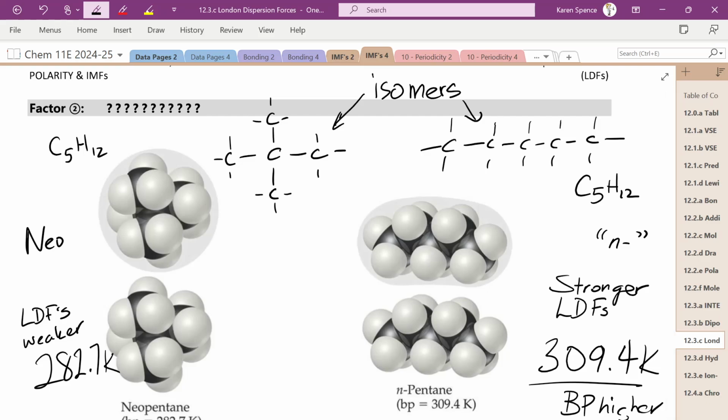Intermolecular forces, yep. Okay, so the LDFs are intermolecular forces here, the London dispersion forces.